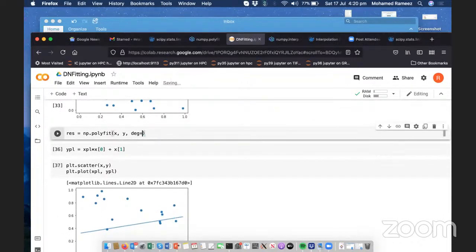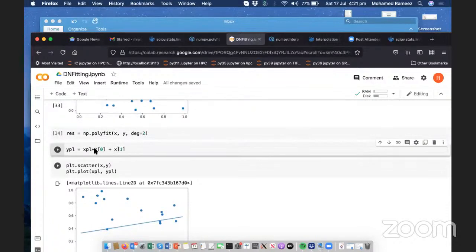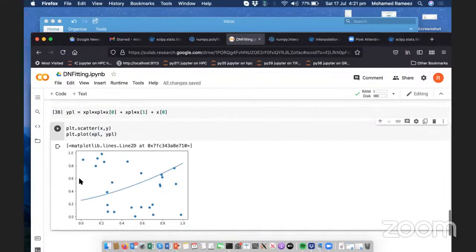So what we should do now is, in this case, it is a curved line because it is a second order polynomial.